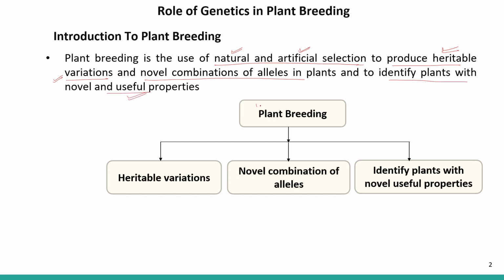So what is the use of plant breeding? We use plant breeding for having heritable variation, the variation that can be transferred from one generation to the next generation, right? And also novel combinations of alleles. So this gives you the recombinant, or recombination.